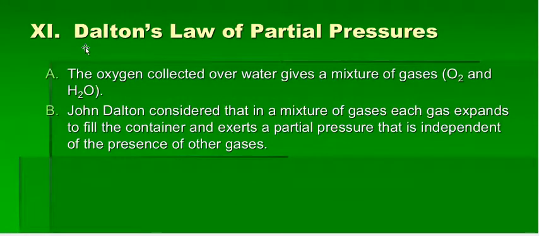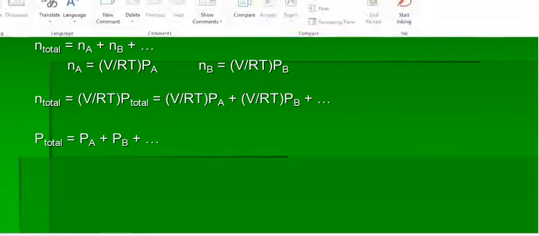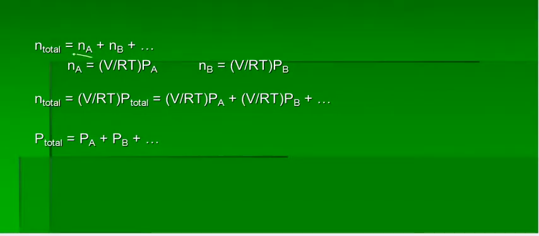Dalton's law. The oxygen collected over water gives a mixture of gases, that is O2 and water. John Dalton considered that in a mixture of gases, each gas exerts a partial pressure that's independent of the presence of other gases. So here's kind of the derivation of Dalton's law. The total number of moles is equal to the moles of gas A plus the moles of gas B, and so forth.